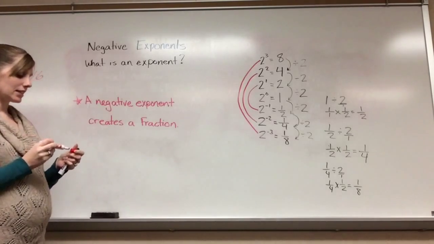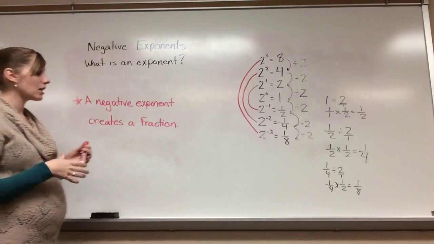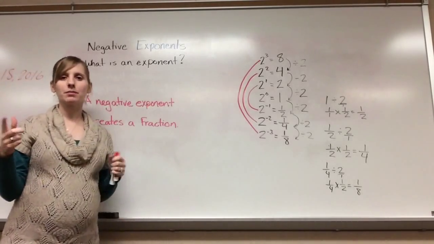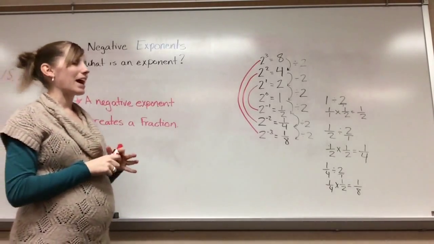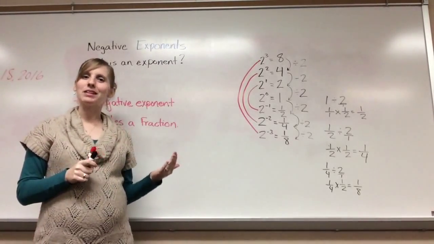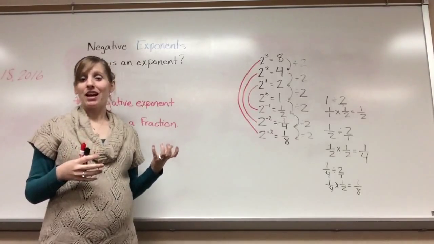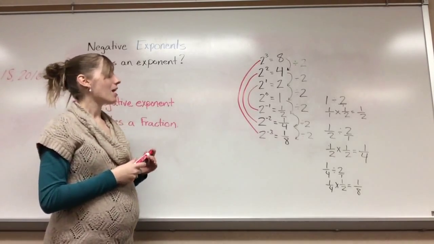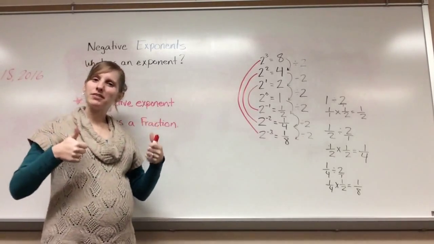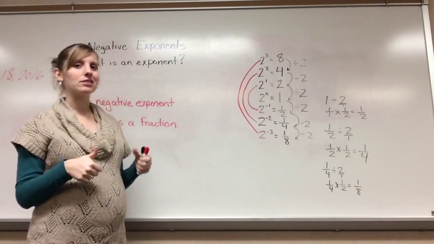Now, one thing that I like to tell people to help them understand, or at least to connect it with something so that they can remember it, I always compare negative exponents and positive exponents with negative and positive people. So I always tell them a positive person is like an uplifting person. They're someone you want to be around.